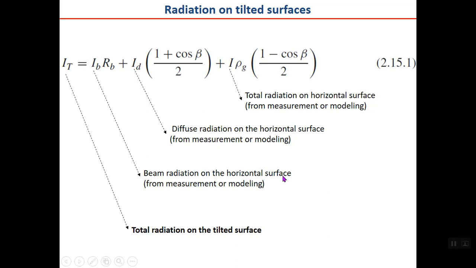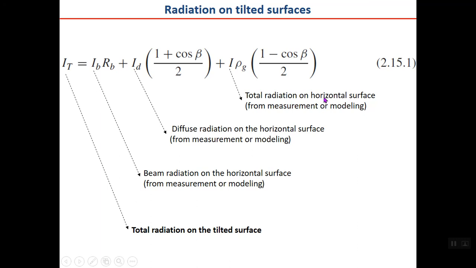Okay? So, in order to calculate the total radiation on the tilted surface, you need to know the total and the share of diffuse and beam on the horizontal. This is the reason that in the last section or previous sections, we introduced formulas to calculate the diffuse and beam radiation on a horizontal surface.